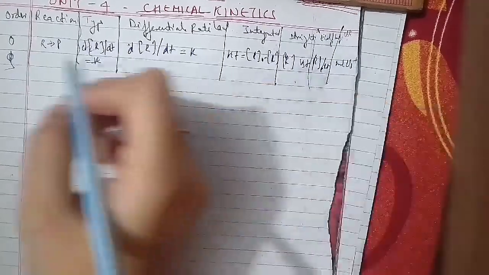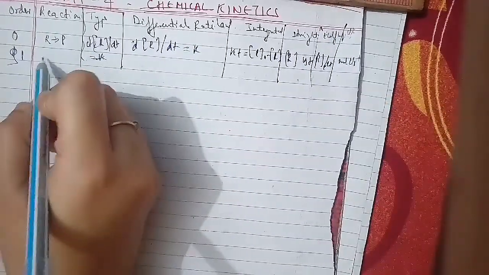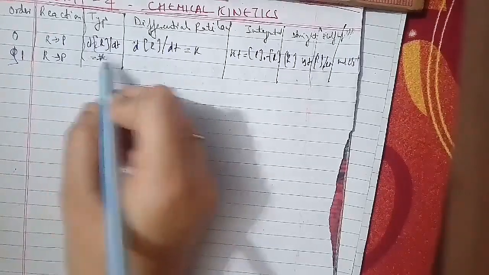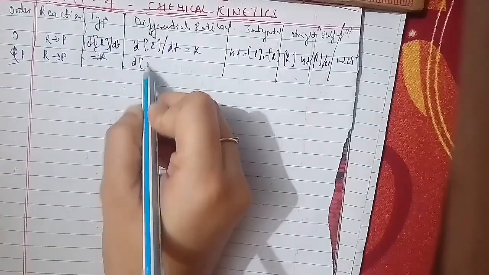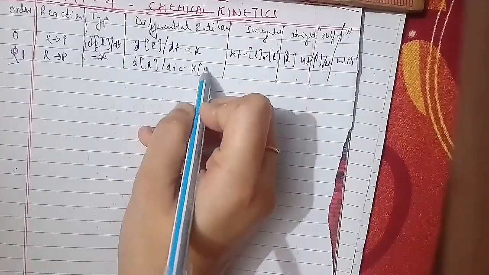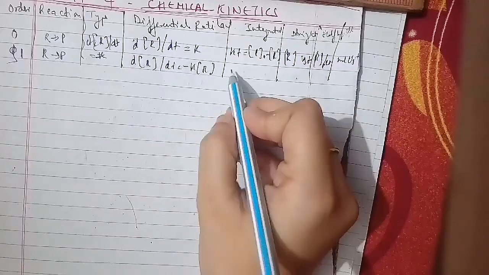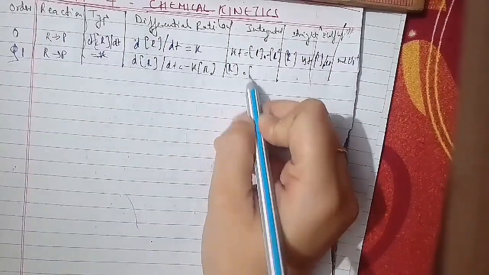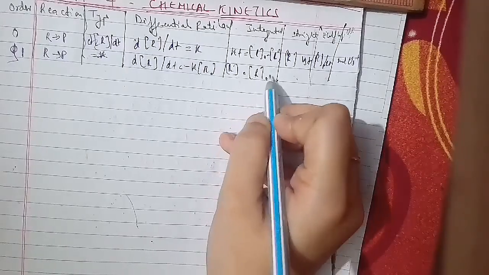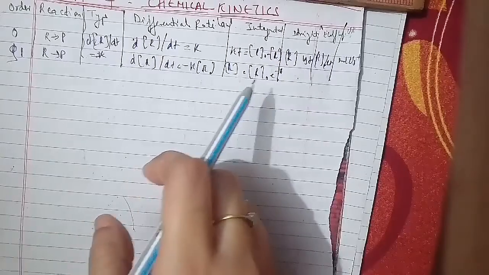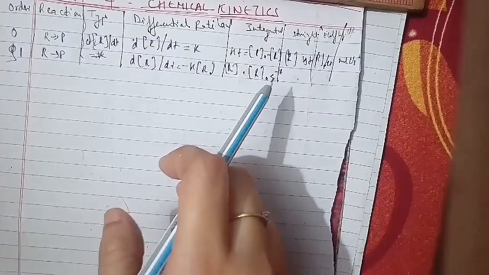For the first order, of course the reaction is R tends to P, and here d[R]/dt equals to minus K[R]. For the integrated law, [R] equals to [R]0 e to the power minus Kt, or we can say that Kt equals to ln [R]0 by [R].